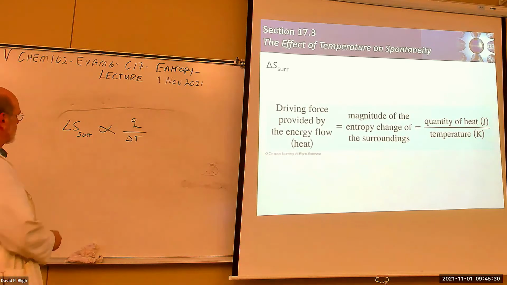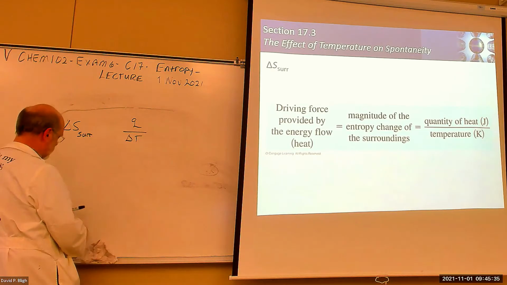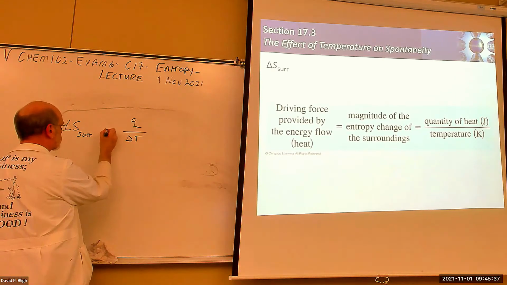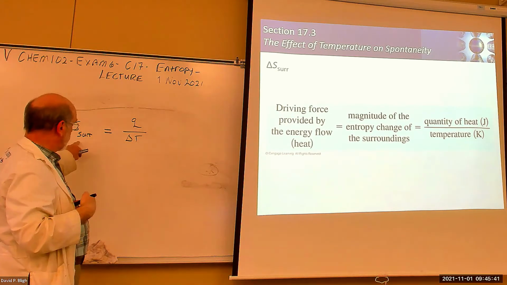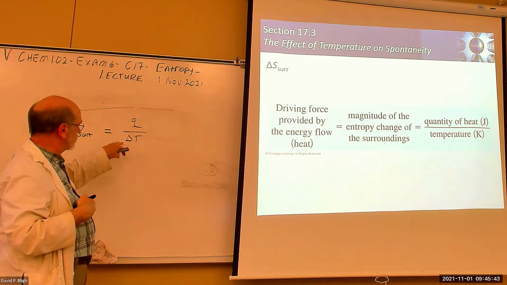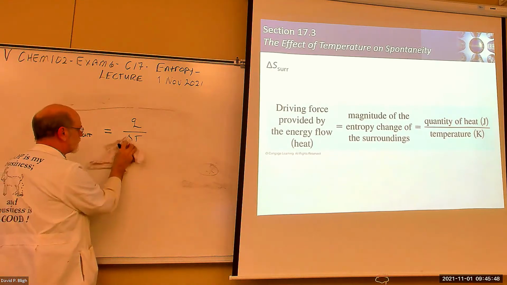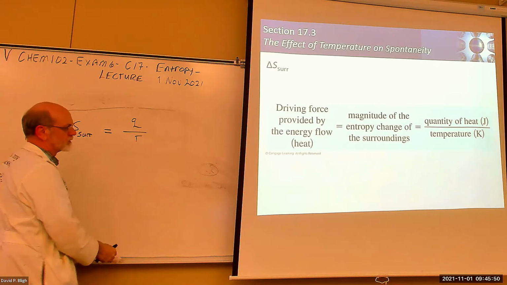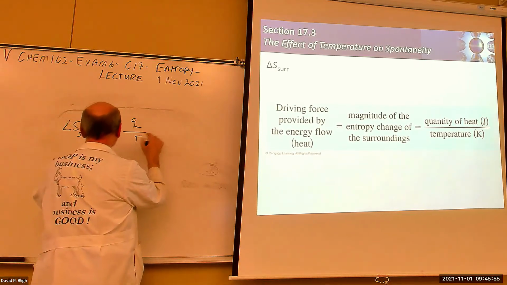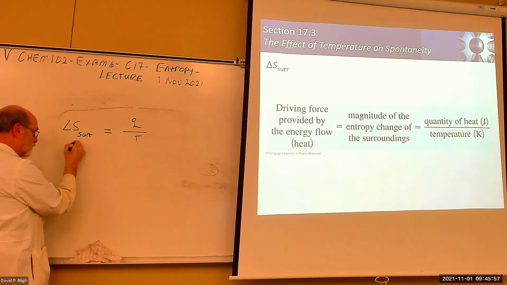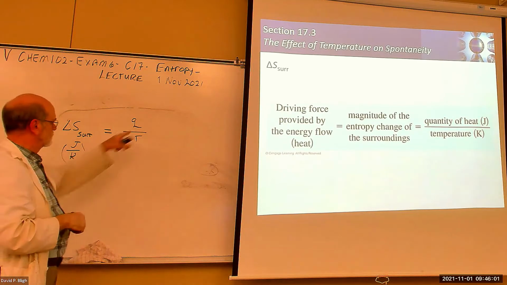Okay. So they're actually saying they're equal. No proportionality constant required. So delta S of the surroundings is equal to the heat transfer divided by the temperature. In fact, they're not even saying delta T, they're just saying T. So the units of measure here are joules per K.